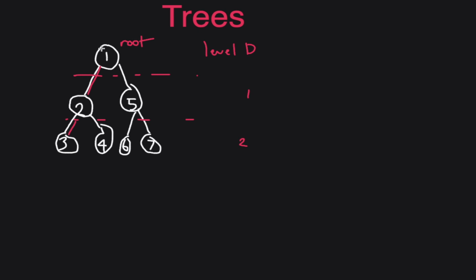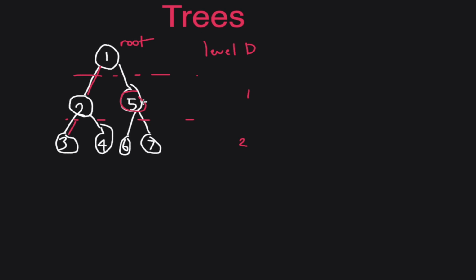So that means the height of the tree is 2. If I was considering node 5 here, we would say that it has a height of 1, because there's one edge between it and the lowest node.